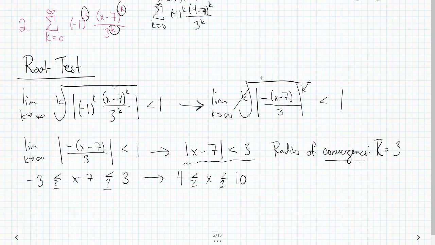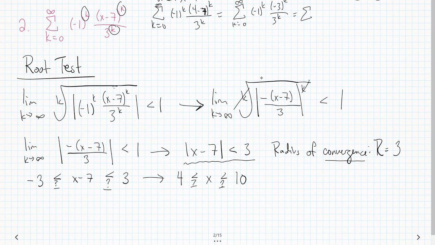So notice that becomes equal to the summation k equals 0 to infinity of negative 1 to the k, negative 3 to the k, over 3 to the k. Well, the negative 3 over 3, and both of those are raised to the k, that's another negative 1 to the k.